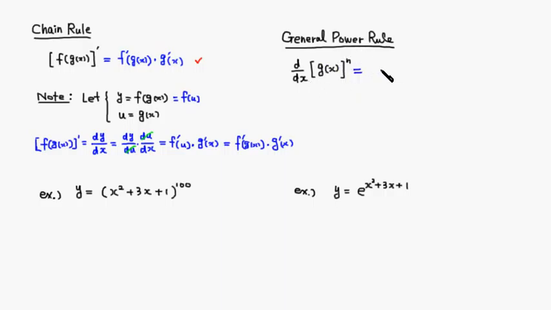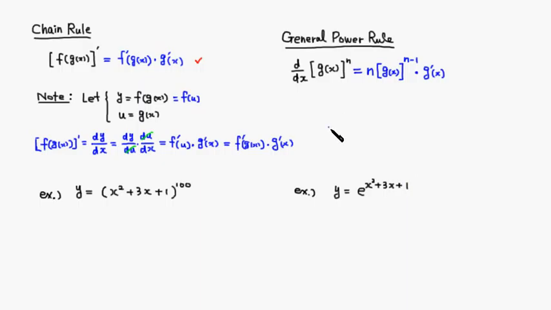Put n in front, keep the inside function as it is, so you have g of x, and subtract 1 from the power, so n minus 1. Then, chain rule, multiply by the derivative of the inside function. This is called the general power rule. It's basically the combination of the power rule and the chain rule.